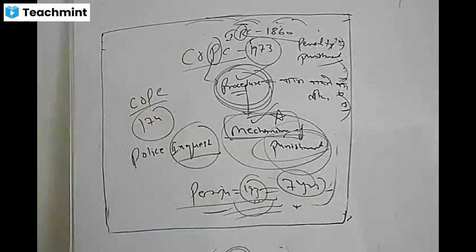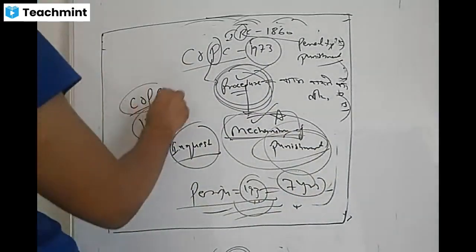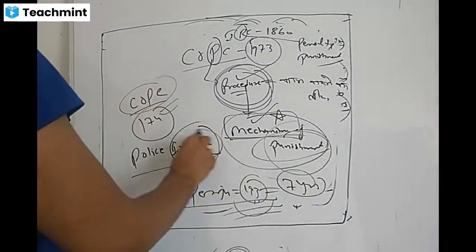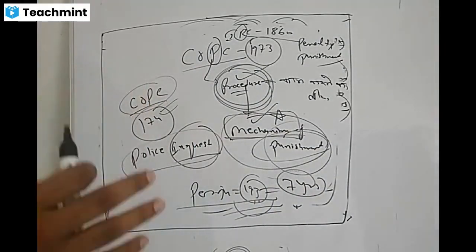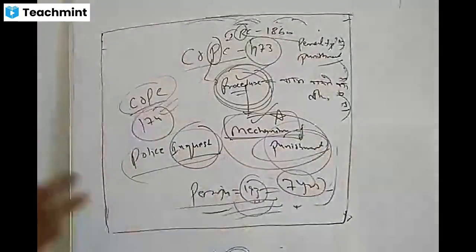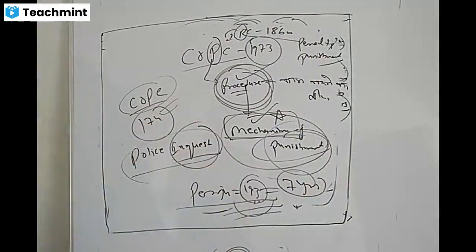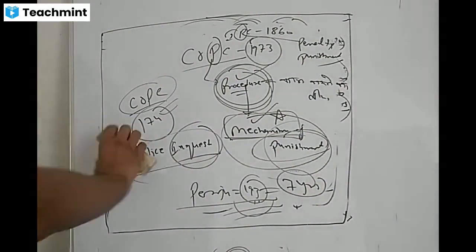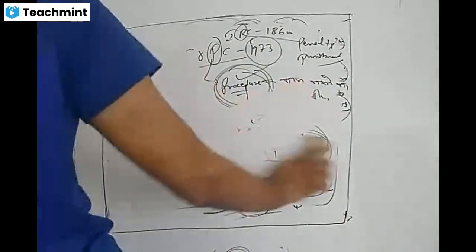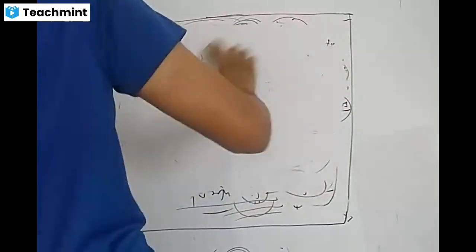The whole procedure is given. For example, CRPC 174 means police inquest. In this case, the procedure is that police will inquire into the cause of the death. So CRPC and IPC.